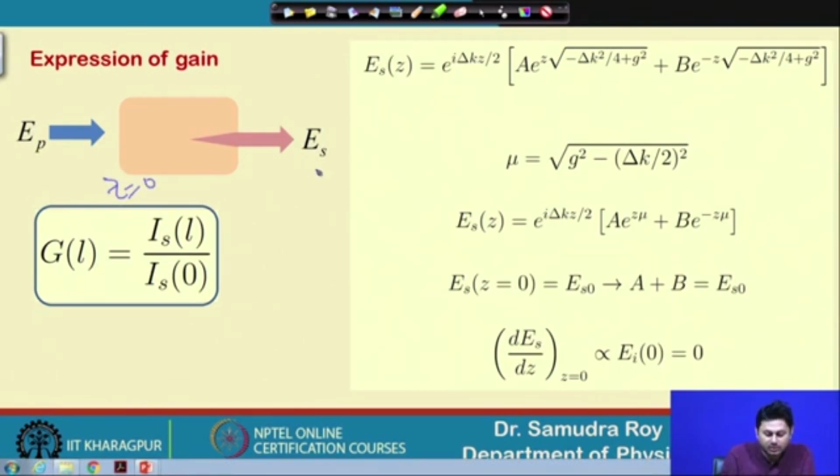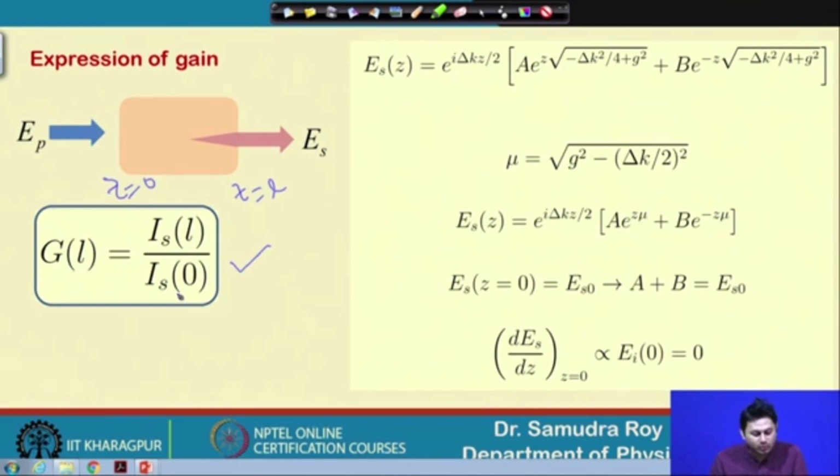How much it is amplifying is quantified by this ratio. So, what is the value of the intensity of the signal at z equal to L, and what is its value at z equal to 0? These two ratios basically give us what is our GL.